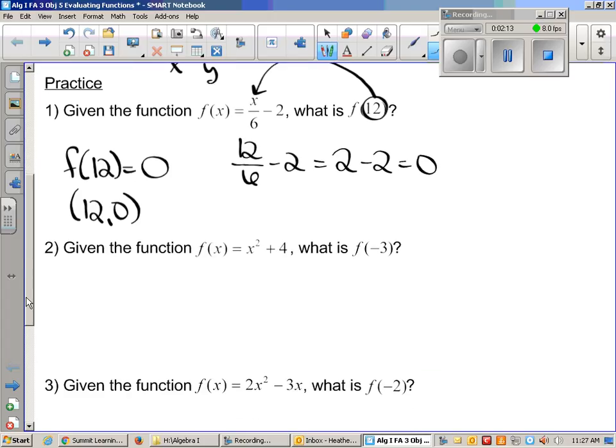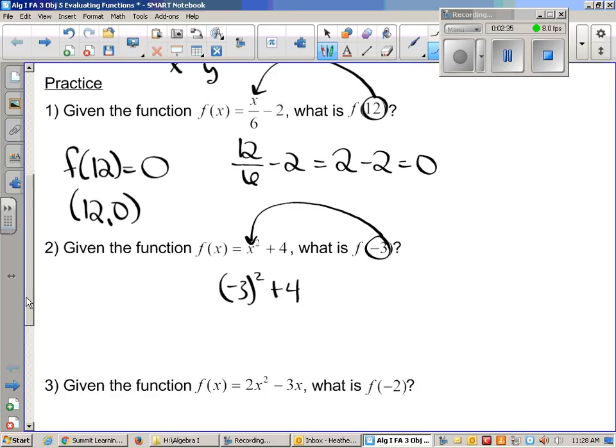Okay, next, given the function f of x equals x squared plus 4, what is f of negative 3? We're going to take negative 3 and replace x with negative 3. Now I need to be careful whenever I square something, because if I'm going to square negative 3, I need to include that negative as part of my process.